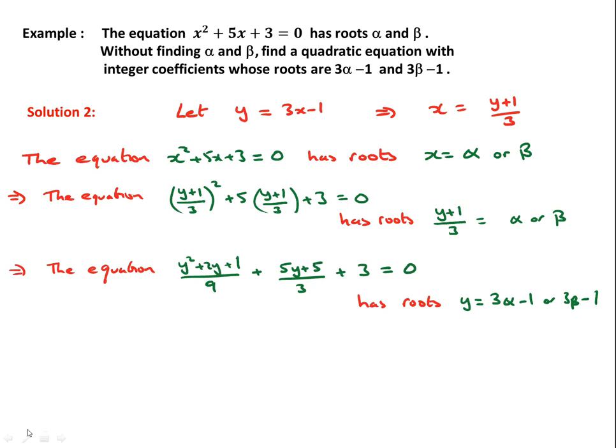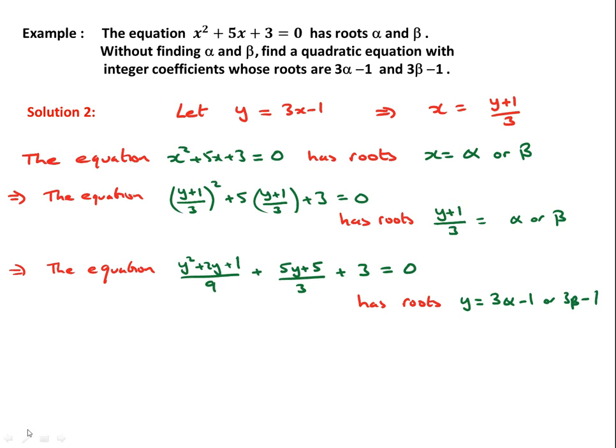both parts of that statement, we can rewrite the equation part by expanding ((y plus 1) over 3) squared to obtain y squared plus 2y plus 1 over 9, expanding the 5 times ((y plus 1) over 3) to obtain 5y plus 5 over 3, and then we've got the add 3 equals 0.